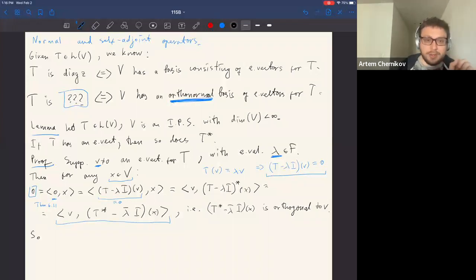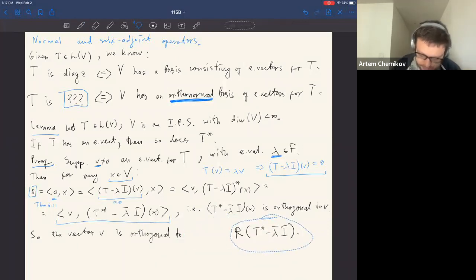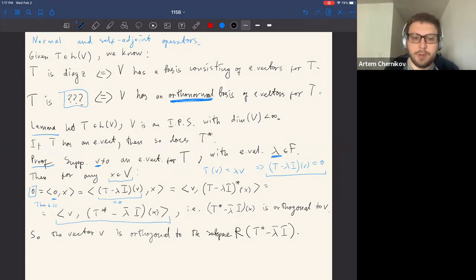So the conclusion is that the vector v is orthogonal to the range of the linear operator T star minus lambda bar I. Let me write it fully: orthogonal to the subspace given by the range of this linear operator. All right, let me see.